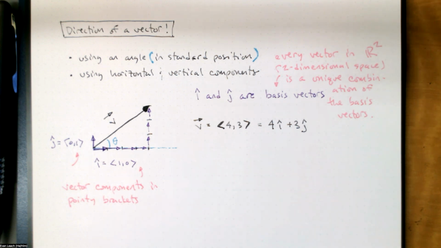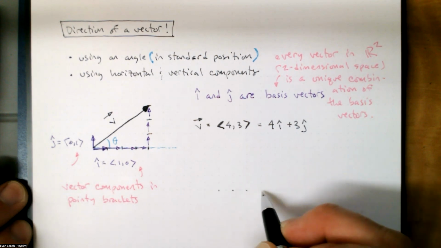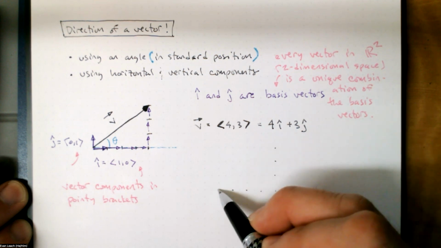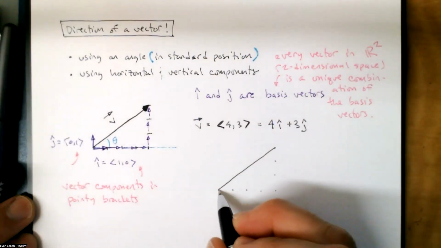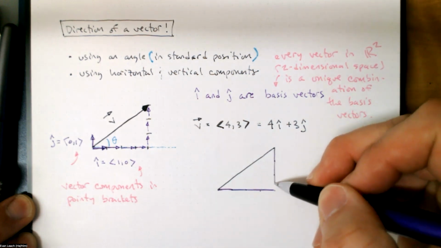We have these two descriptions, using an angle or using horizontal and vertical components. We should be able to switch back and forth between the two. And we have just drawn a right triangle, and that is how we will go about this. Notice that the length of the vector is going to be the hypotenuse of our triangle. So here's 4i down here and here's 3j up here.